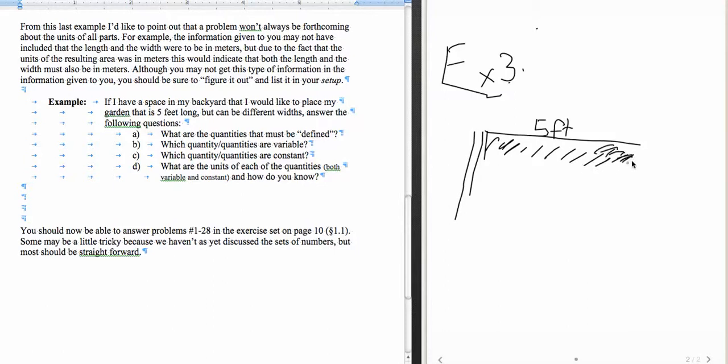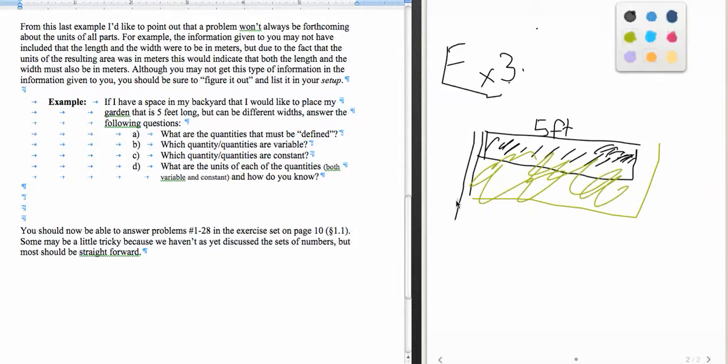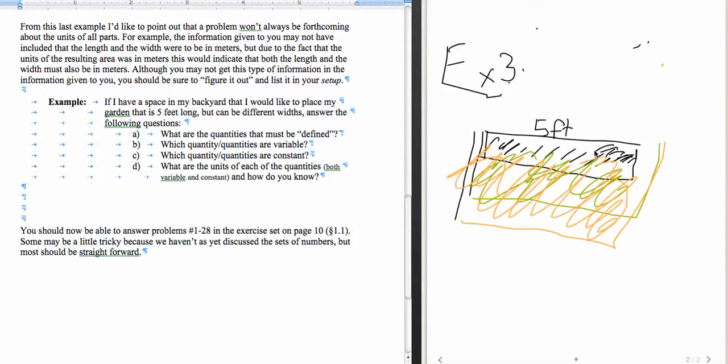In one case, we would have an area that looked like this. In another case, we might have an area that looked like this. And in another case, we may have an area that looks like this. And in each of those cases, the area is changing.